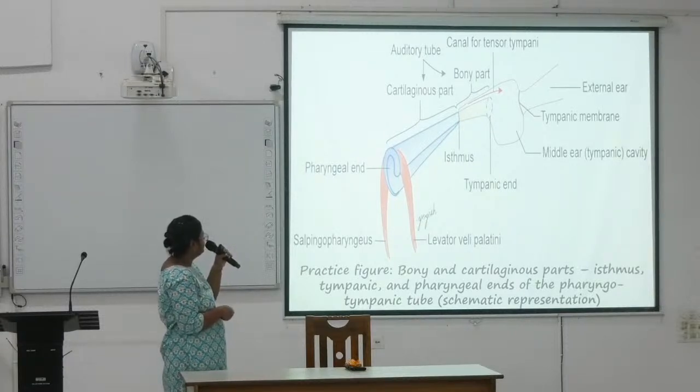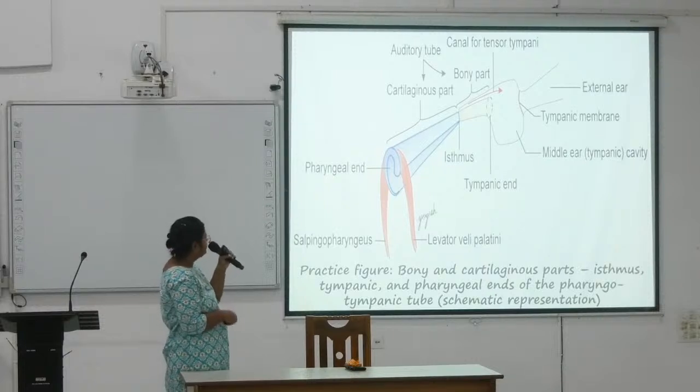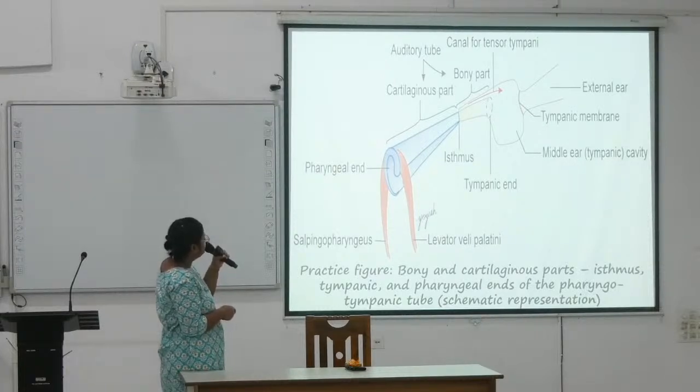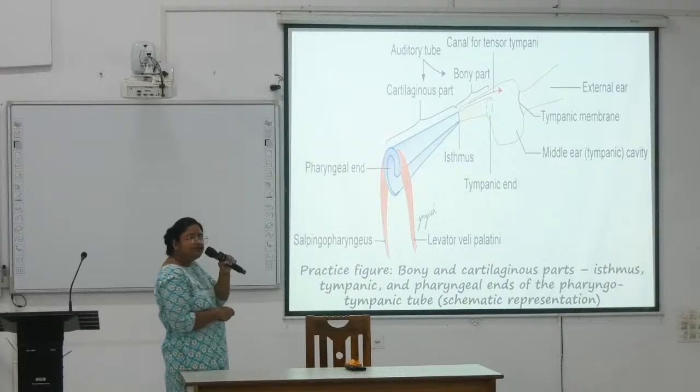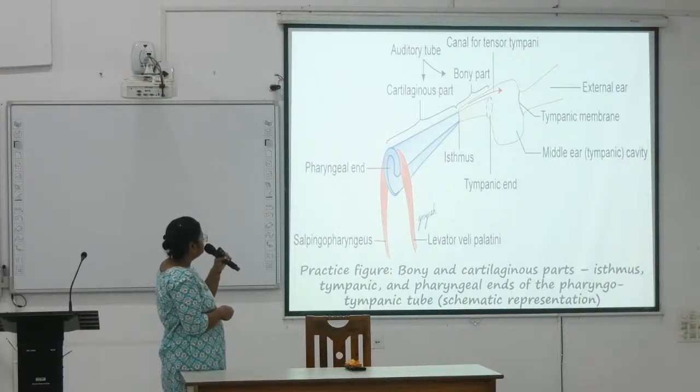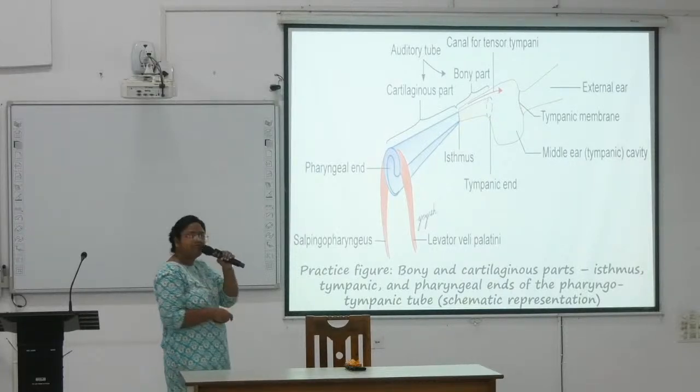Two muscles are attached over the cartilaginous part, levator veli palatini and salpingopharyngeus. Okay, here it is connected to the middle ear, bony part, and above the bony part, here is the canal for tensor tympani, and this is the cartilaginous part. U-shaped cartilage is present, and this opening is traversed by one membrane.